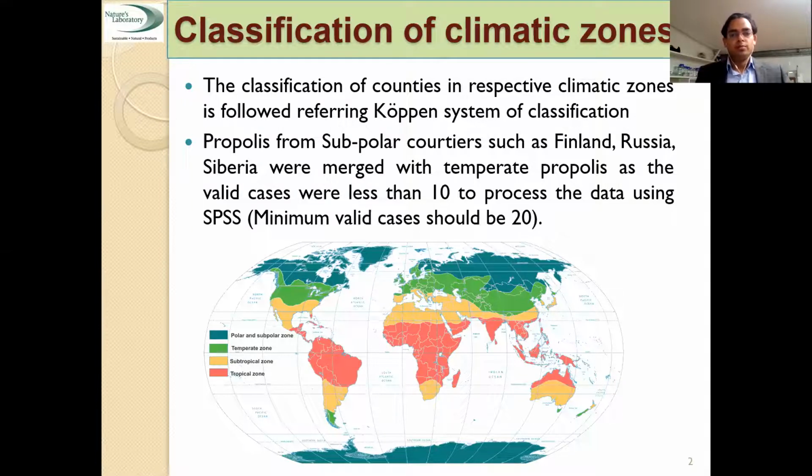The samples from polar and subpolar we merged with the temperate, as the number of cases for those regions was very minimum, less than 10. That was not fitting into the requirement of the statistical tool, SPSS software, so we had to merge it with the temperate zone.